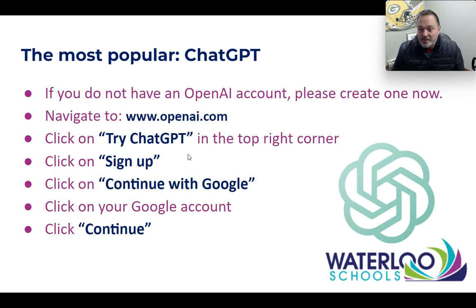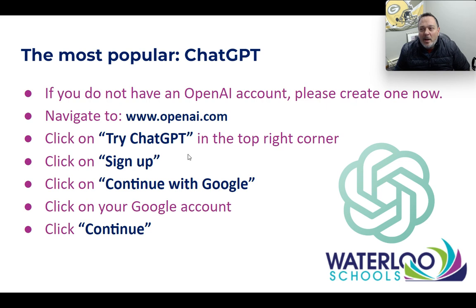That's the one we've heard so much about. You can try this now, take a little time out and try it, but we found that if a lot of people are in the same room trying to create accounts, something gets flagged and they start keeping us from making accounts. So you might have to go back to your classroom or create your account at home if you get a block from creating your ChatGPT.